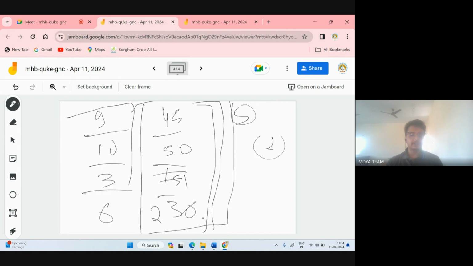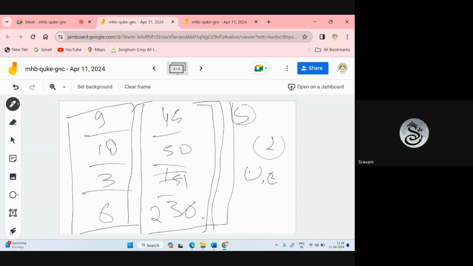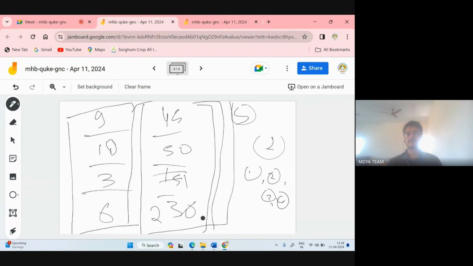Now see, is there any number with which we can divide all these values? Check with 1. No, sir. 2, 3, No, sir. 4. There is no number, okay? So it is the most simplified form. You cannot do like this, 3 1s are 3, 3 2s are 6.